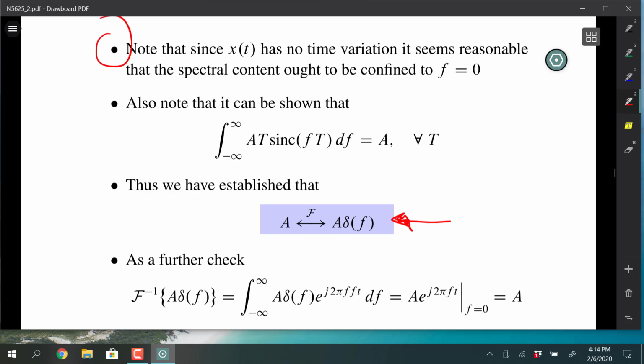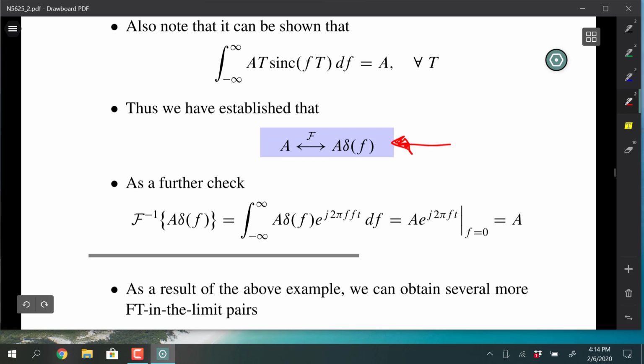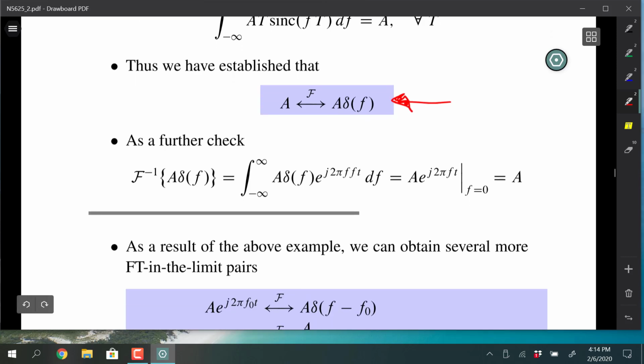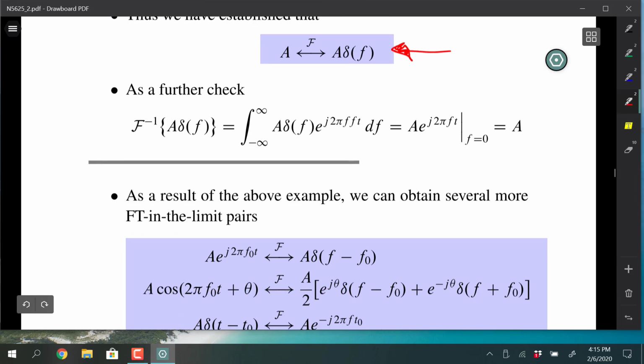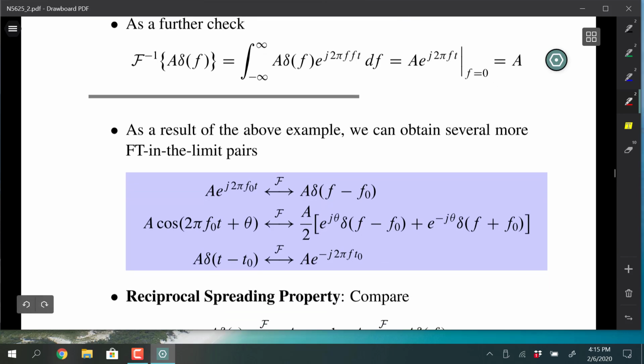So now we've opened up the floodgate through superposition and other properties of Fourier transforms to do all kinds of interesting things with this. We can take a complex sinusoid, and through frequency translation, we're just going to put that delta function spike up at f naught.